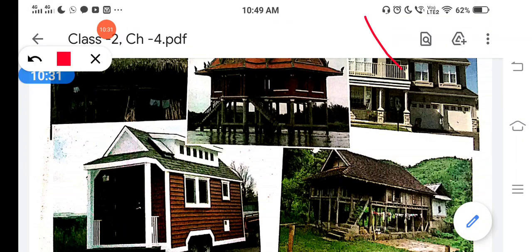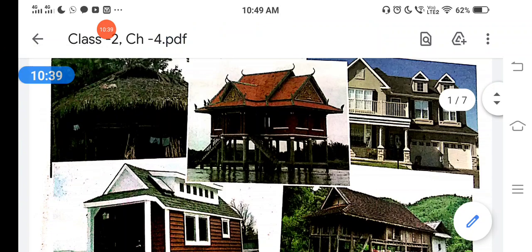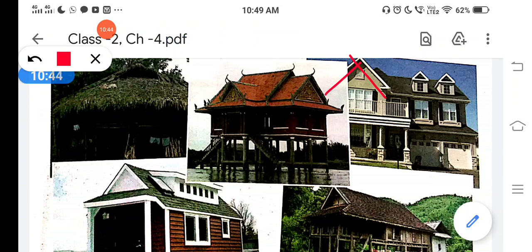This type of roofs are called sloping. Okay, they are not flat. Have a look. This roof are not like our roof. They are sloping roof. Okay.